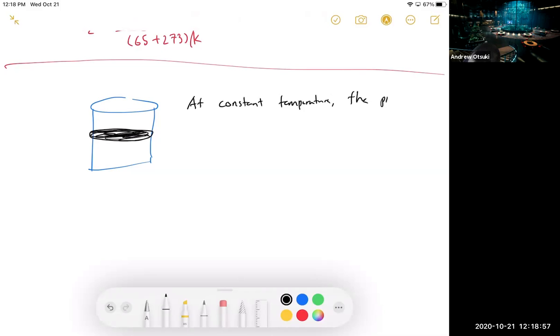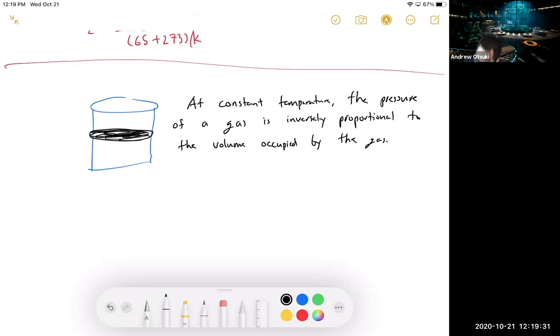The pressure of a gas is inversely proportional to the volume occupied by the gas.